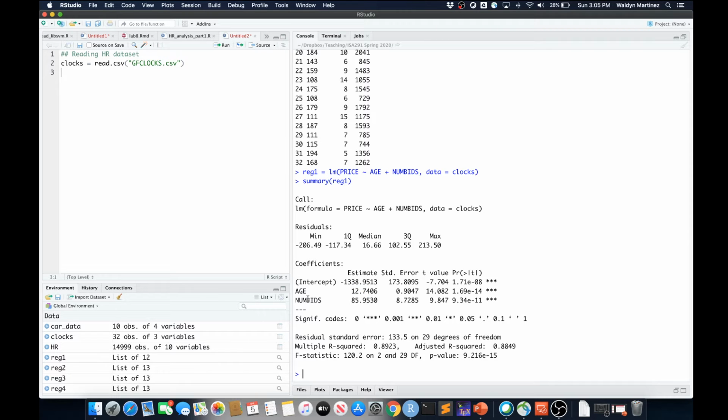And as the number of bidders increases by 1, then on average, the price increases by about $86. Now, that is assuming that they don't interact with each other, that as the number of bidders increases, that effect is not affected by what age the clock has, and vice versa.